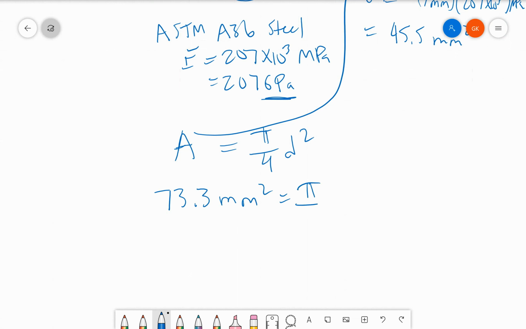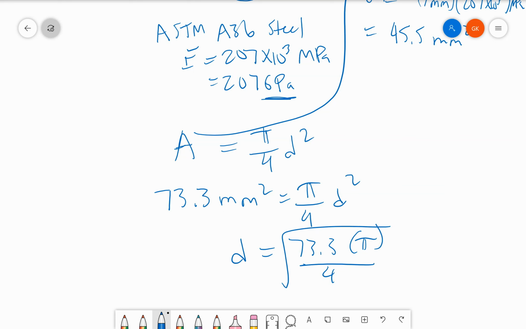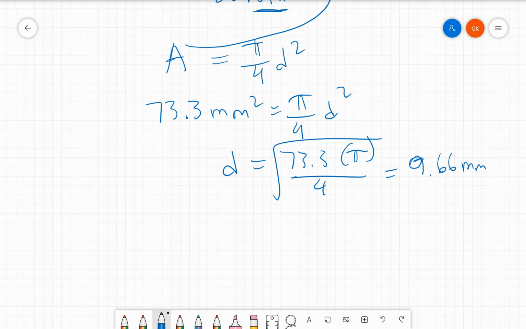That'll be equal to pi over 4 times diameter squared. I just solve, and what I get is that the diameter is equal to the square root of 73.3 times 4 over pi. That will come out to roughly 9.66 millimeters.